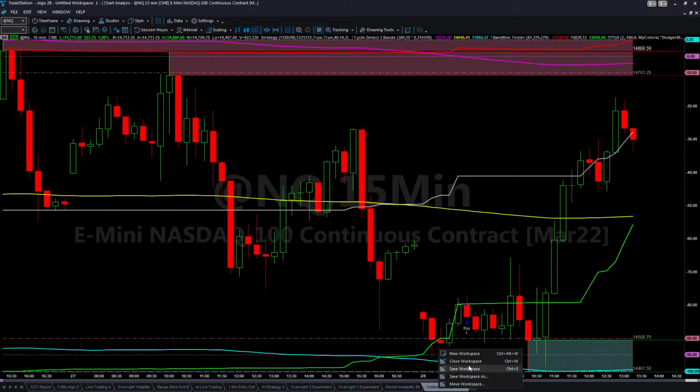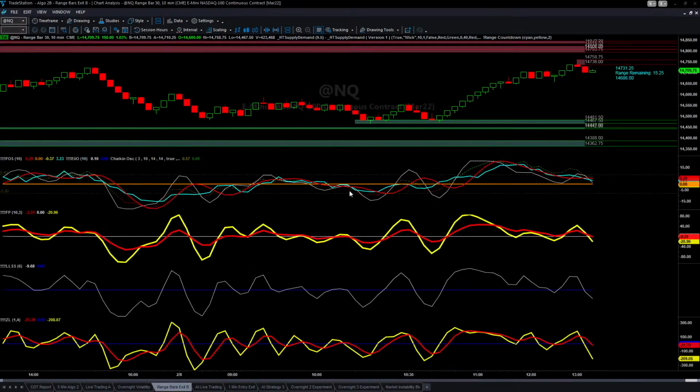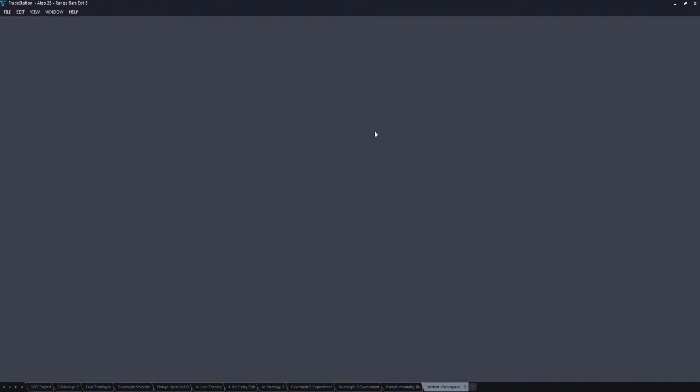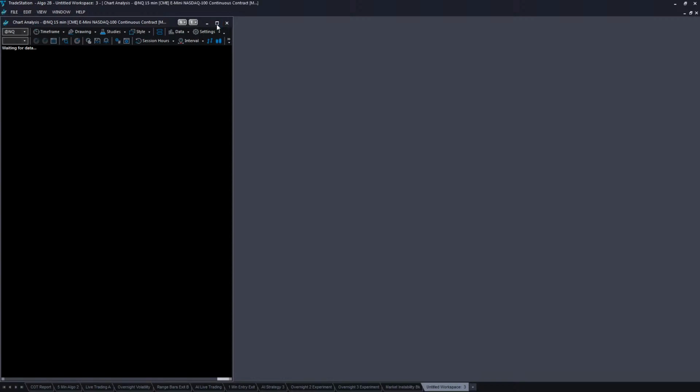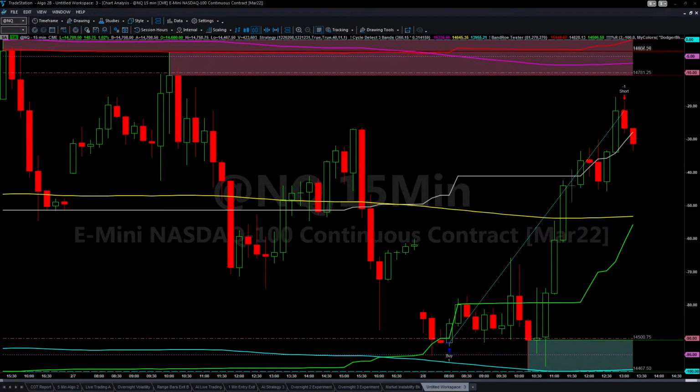I'm going to shut this down because this does not look right to me. I'll just open a new workspace and let it refresh. Calculating studies and strategies. And there it goes. Dang it.